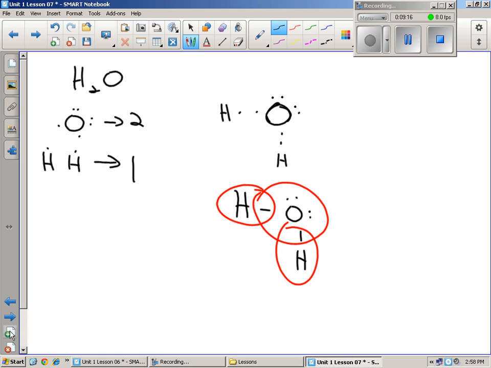Now, I told you guys to draw oxygen like that, kind of a 1, remember? I said you should probably draw it like this, it's going to help you. Does that look like a straight line? Does that look like a linear molecule to you by looking at that? Is it a straight line all the way across? No, it's not. Okay?